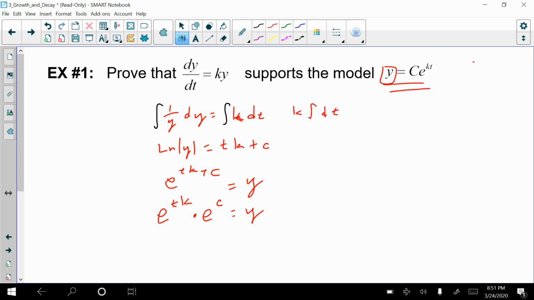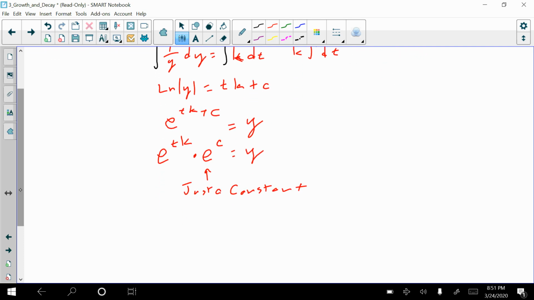This e to the c power is just a constant, because e is going to be whatever e is, 2.718, and c is still going to be whatever it happens to be, just a constant. So I write that as C, and that's where that big C in our standard equation comes from.